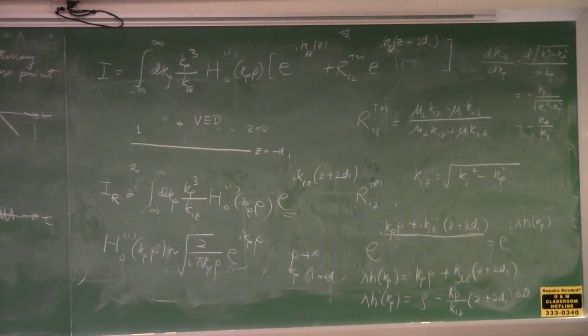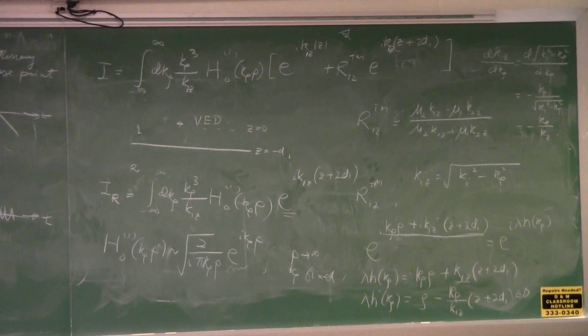Let me tell you a simple trick to make the solution of the equation simple, which is by a simple change of variable. I let k rho equal k1 sine alpha, and k1z is k1 cosine alpha. I change my variable to alpha.